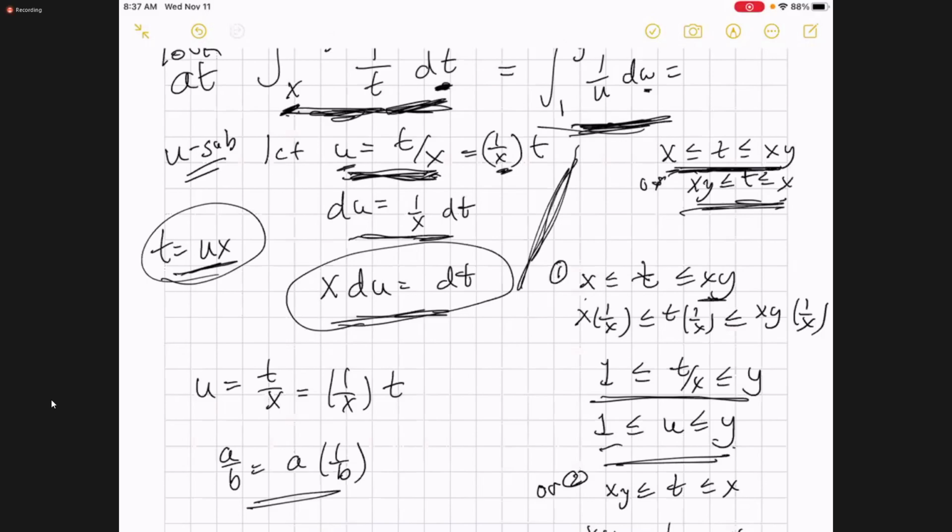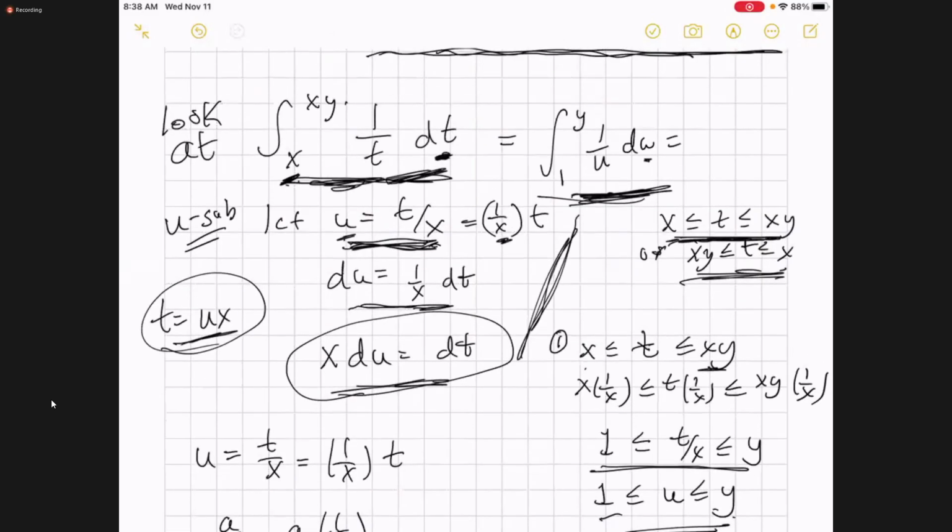Oh, okay. I think I see what you were asking about. In here, it's 1 over t. I made this up. Let u be a new function. u is the function t over x.